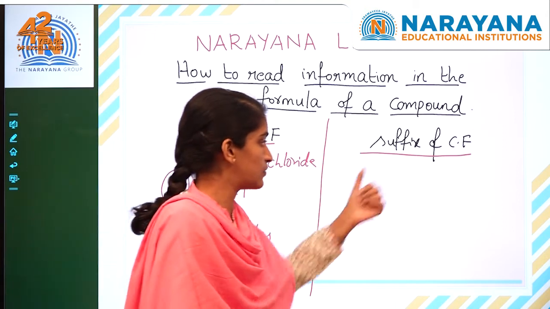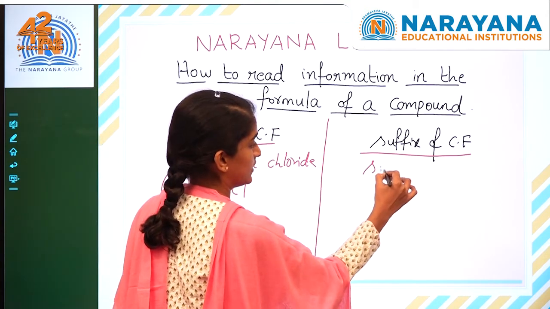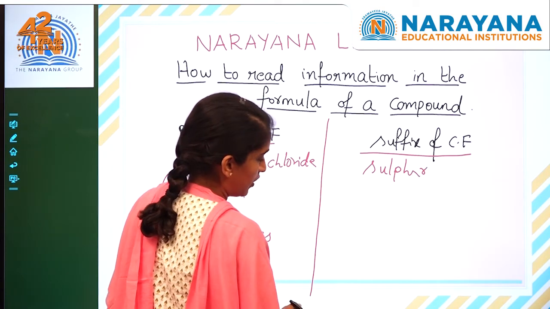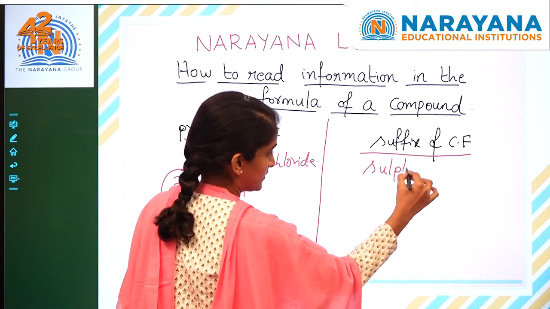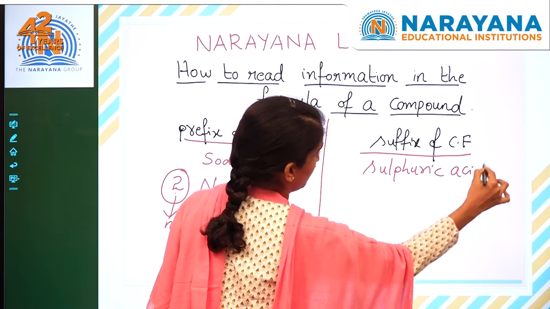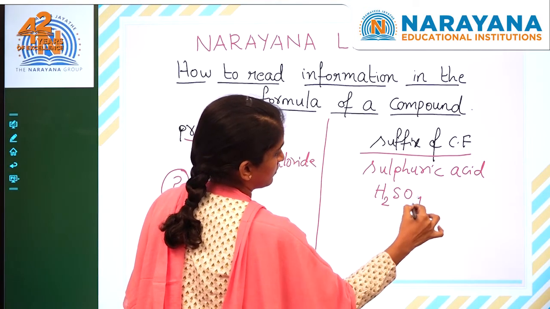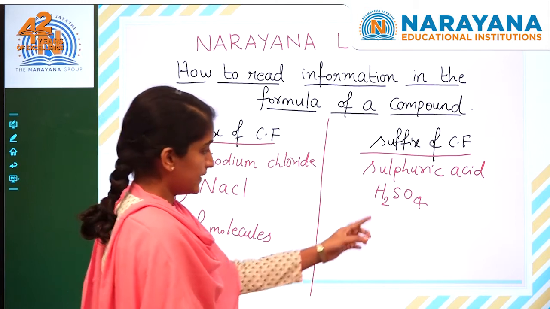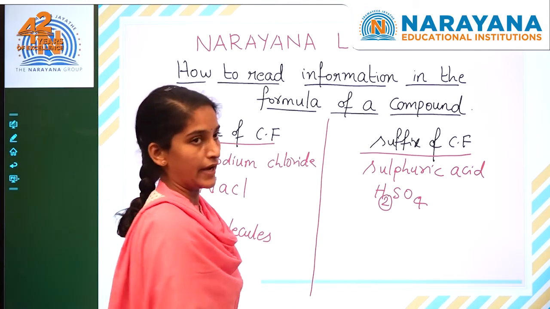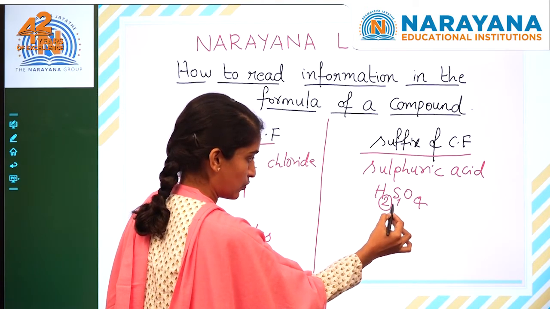Then coming to the suffix, what is meant by suffix? Let us take one example here, sulfuric acid. The chemical formula of sulfuric acid is H2SO4. See here, there is the numeral 2 to the right bottom side of the hydrogen element, and here there is no numeral, which indicates there is 1.